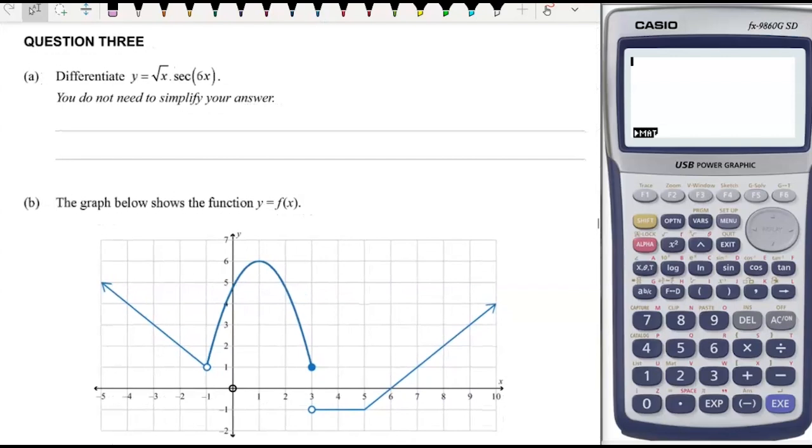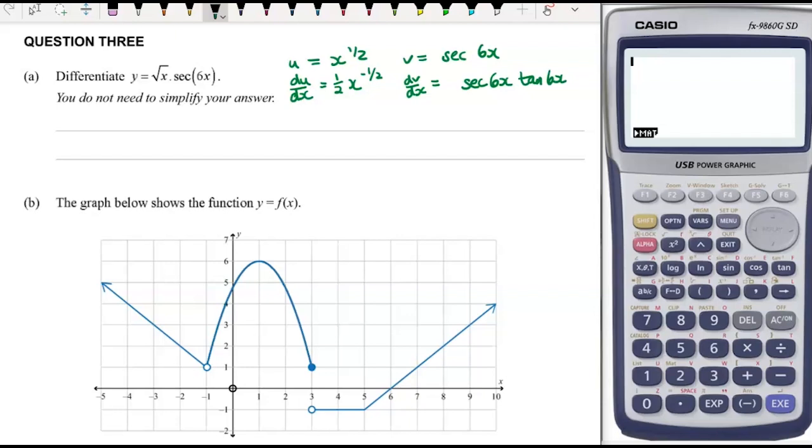Okay, we're going to differentiate this. We've got a product rule. U is x to the half, and v is sec of 6x. du by dx is half x to the minus half, and use your formula sheet for sec. Now sec goes to sec tan, so it'll be sec 6x tan 6x, but because we have the 6 on the inside, it's also a chain rule, so it gets times by the 6.